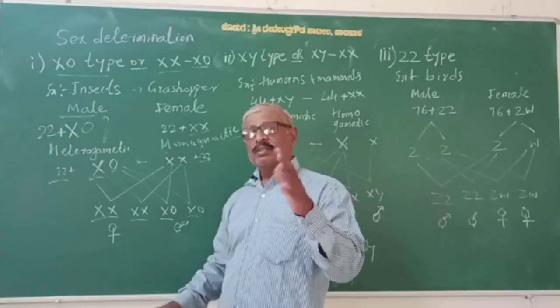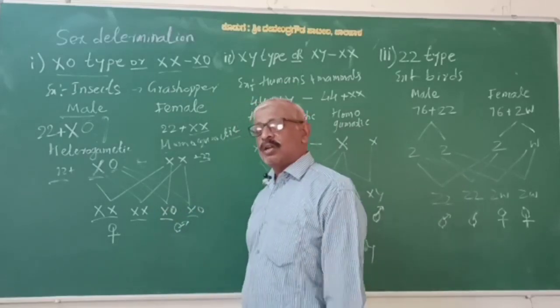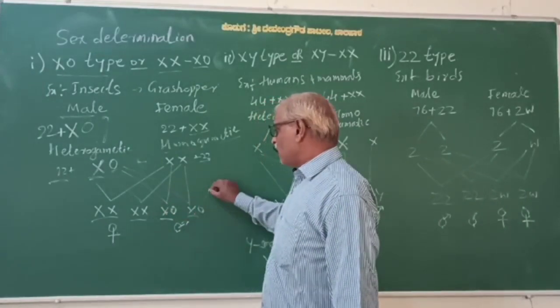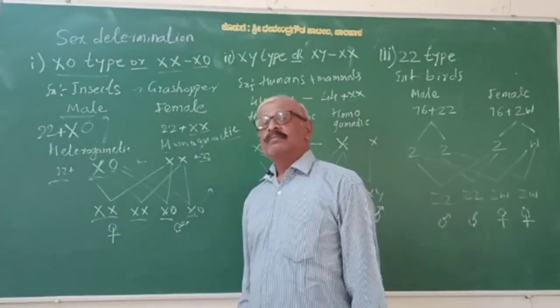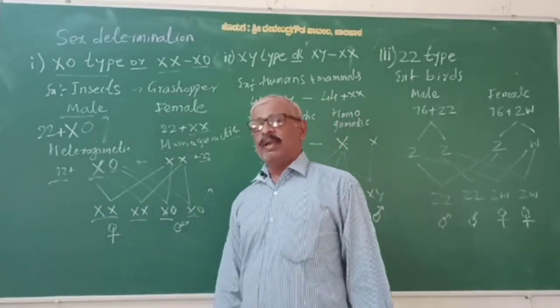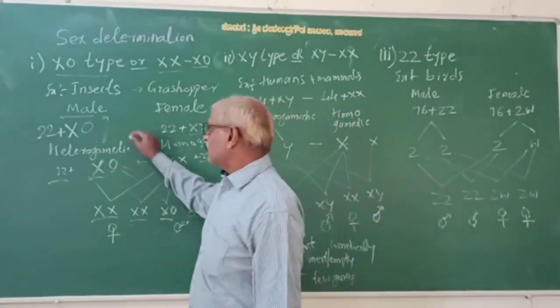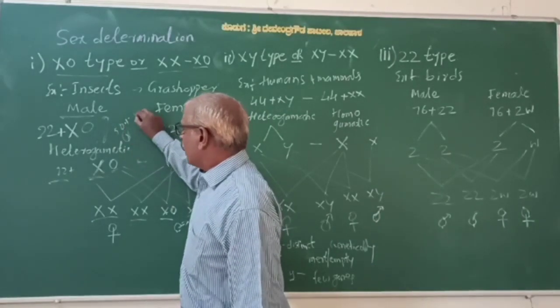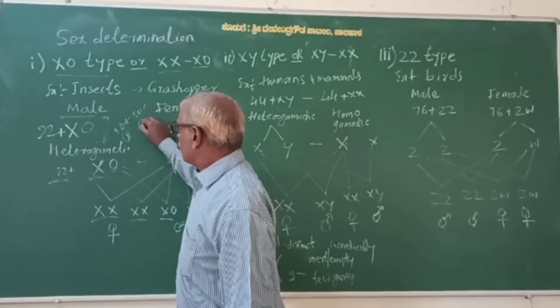This O stands for nothing, zero. So once again a male insect is produced, while the XX gives the female. It is very clear that 50% of sperms carry the X and another 50% carry nothing.